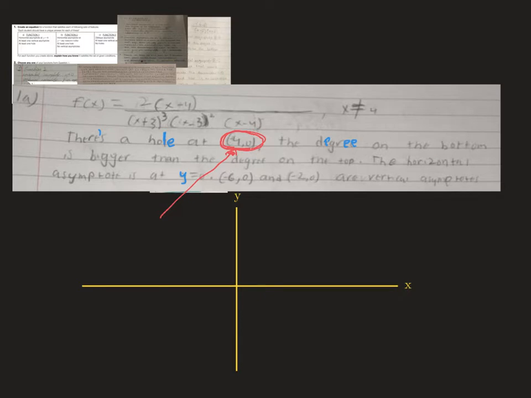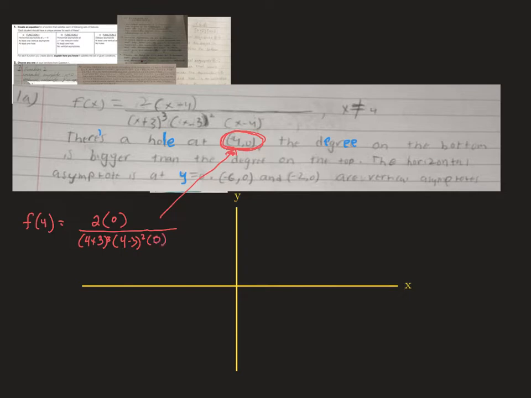Let's double check that. If I plug in 4 for x, I'm going to have f of 4, and that's going to equal 2 times, well, 4 minus 4 is 0, and so I'm going to get 0 on the bottom. 4 plus 3 cubed, 4 minus 3 squared, and 4 minus 4, so that's going to be another 0 on the bottom.